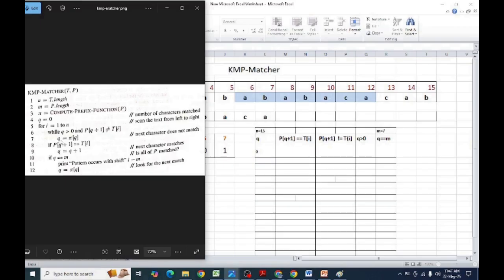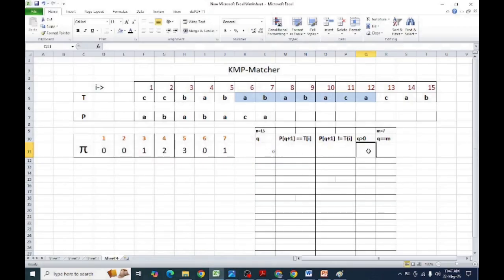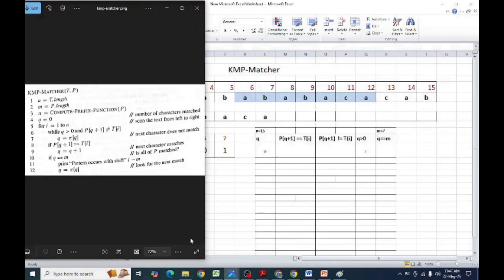Okay, while q greater than 0, initial value q is 0, so q greater than 0 is false. So according to the algorithm, this q will not be updated, so we are here.